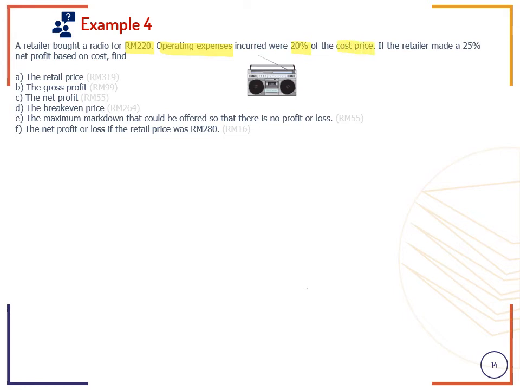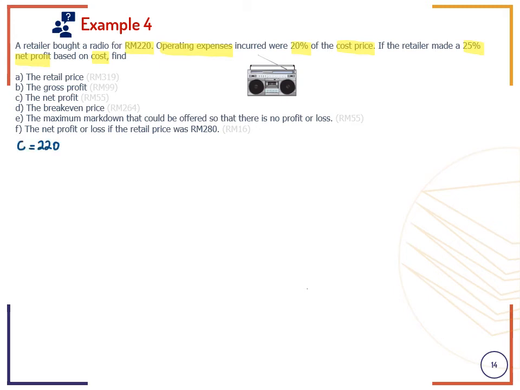If the retailer made a 25% net profit based on cost, find A, the retail price, B, the gross profit, C, the net profit, D, the break-even price, E, the maximum markdown that could be offered so that there is no profit or loss, F, the net profit or loss if the retail price was 280 ringgit.